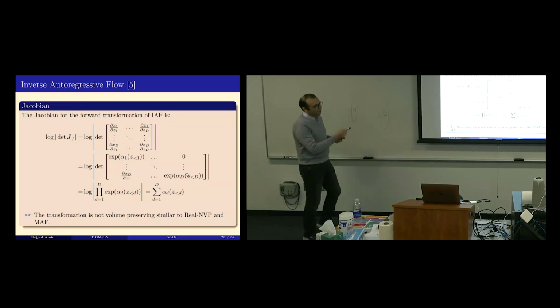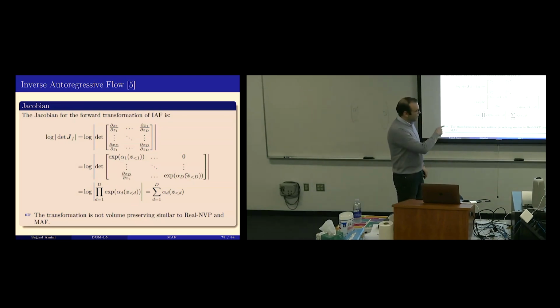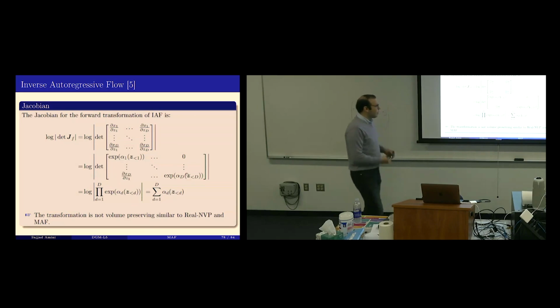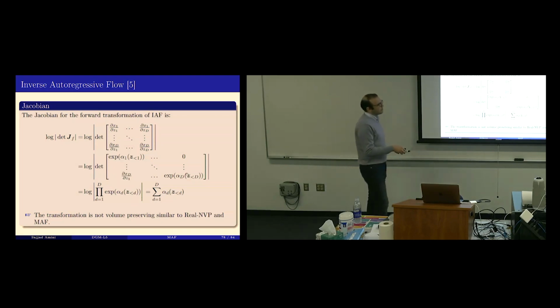It is not that complex, but the basic proposal of this model is based on the fact that each of them has its own network. So it is similar to real NVP. As it is not volume preserving, as you can see, the determinant of the Jacobian is not 1 anymore. Any question?